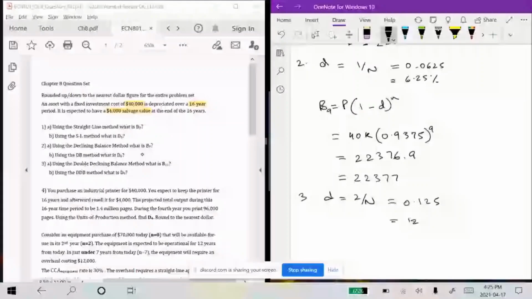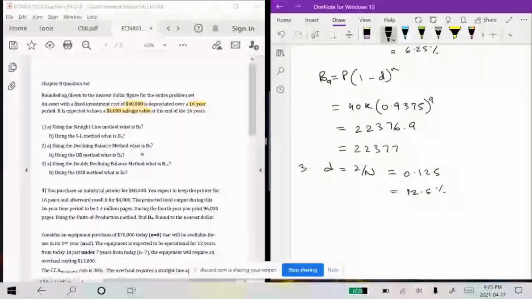The formula for b still remains the same. They asked us to find b11 equals b0 into 1 minus d raised to the power n, 40k into 1 minus 0.125, 0.875, raised to the power of 11.